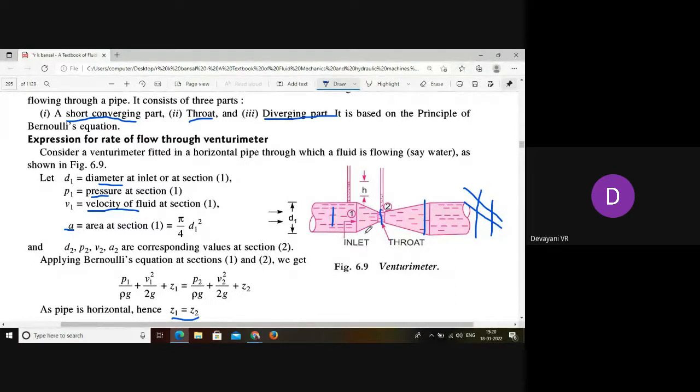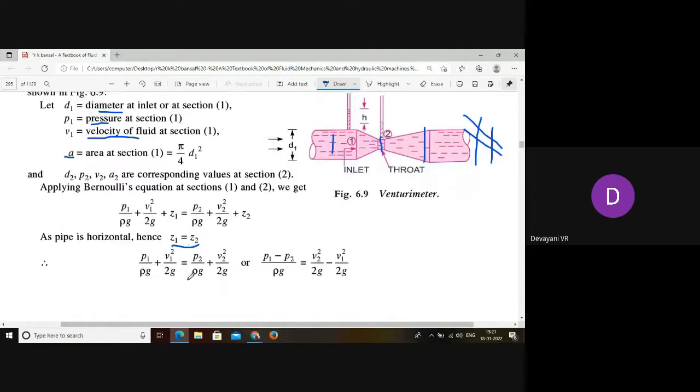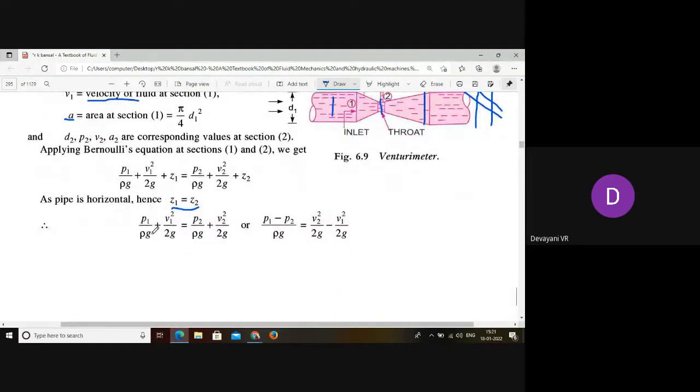But in this case the pipe is horizontal, so Z1 is equal to Z2. Then Z1 and Z2 will be cancelled, or maybe taken as 0. Then this equation becomes P1 by rho g plus V1 square by 2g is equal to P2 by rho g plus V2 square by 2g.